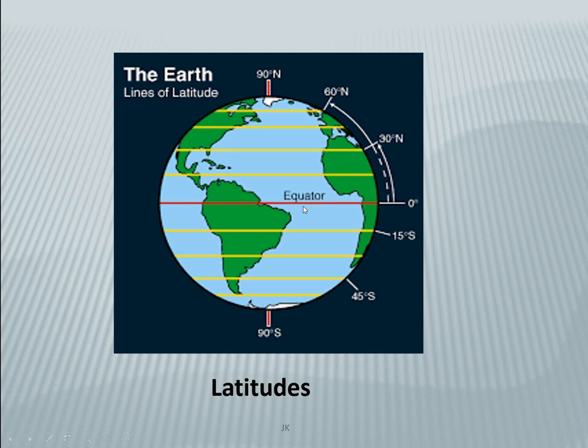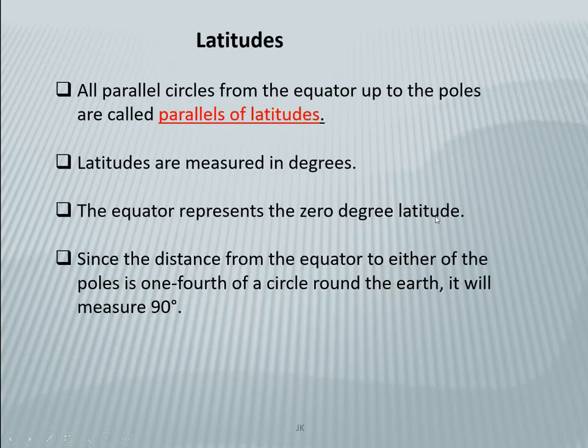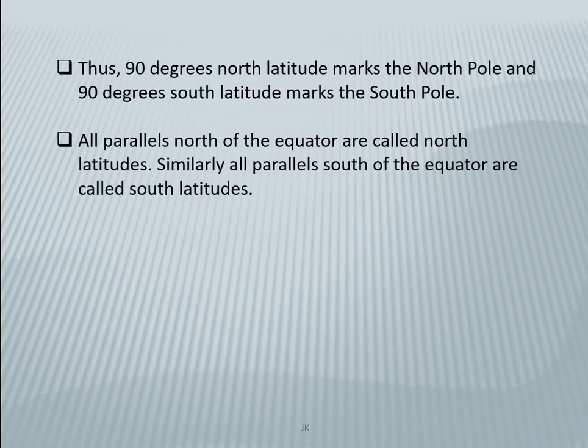Okay, and the north pole and south pole cover exactly 1/4 part of the earth, so they are at 90 degree latitudes. The north pole is at 90 degree north latitude, and the south pole is at 90 degree south latitude. Okay, so they are measured in degrees.